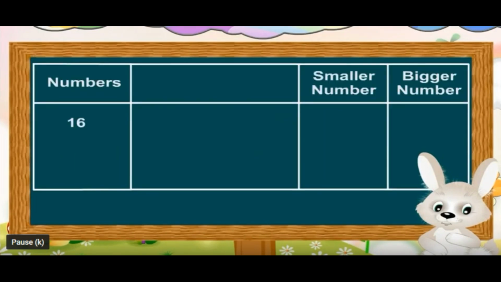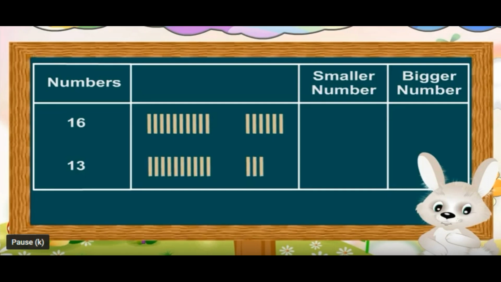Now 16, 13. Let us draw 16 lines for number 16 and 13 lines for number 13. Now count 10 lines and encircle them for each 16 and 13.